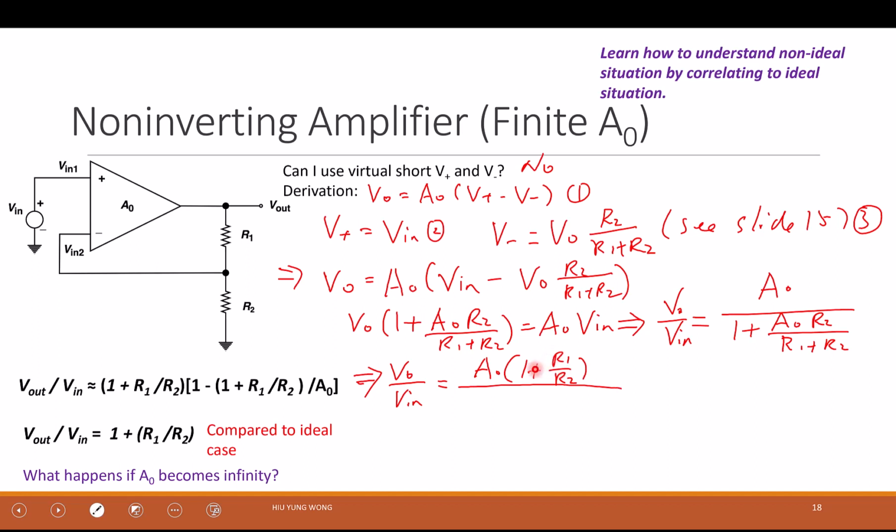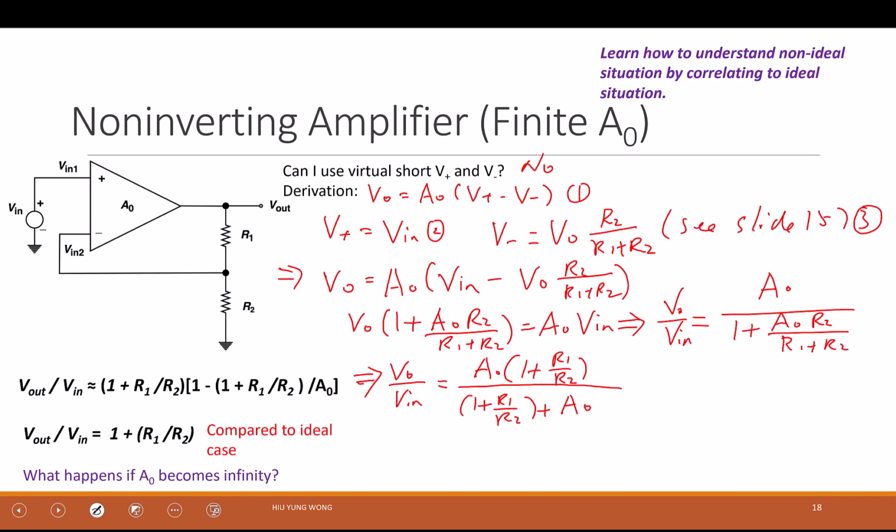Because this one is R1 plus R2 over R2, it's going to cancel the bottom one when we multiply this to the bottom also. Then I get 1 plus R1 divided by R2 plus A0. Are you okay with this? I multiply the top with this, then I multiply the bottom with this. And then R2 divided by R1 plus R2 will cancel with 1 plus R1 divided by R2, so I get A0, okay?